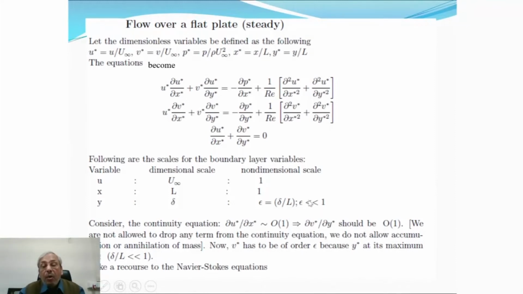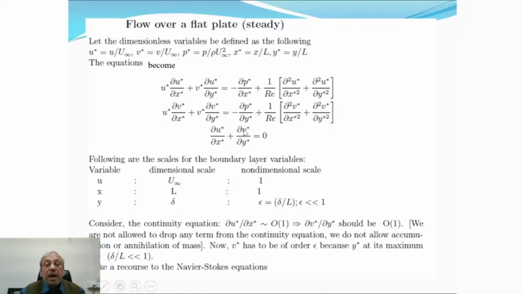So del v star by del y star cannot be dropped. This has to have the same order as del u star by del x star. This should be of the order of 1. But here we can see y star has a scale which is of the order of epsilon.